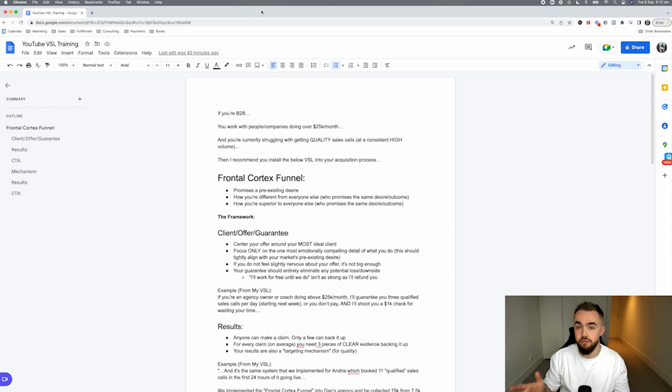And this same VSL framework works whether you're an agency, whether you're a coaching business, whether you do done for you or done with you, etc., okay?